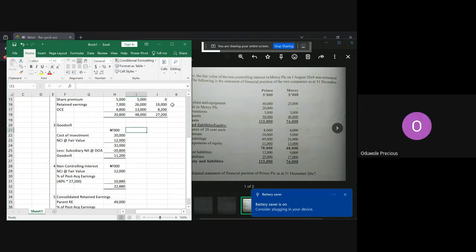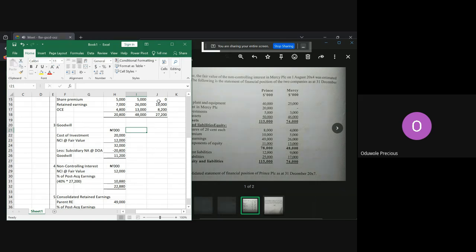If you still use the 27,200, it's still the same answer that you get. But most times, when you do it separately, it explains it better. So now let's just do it separately so that you see what I'm trying to talk about.